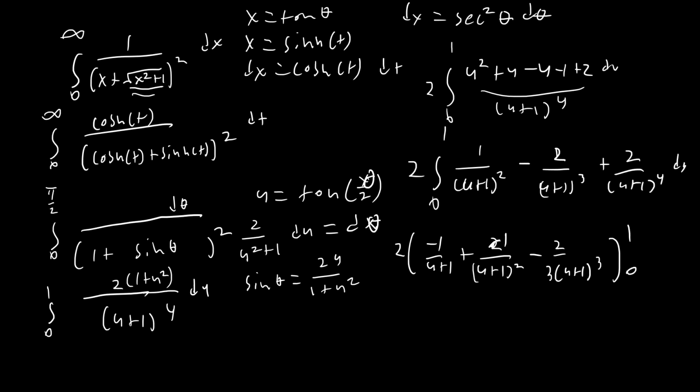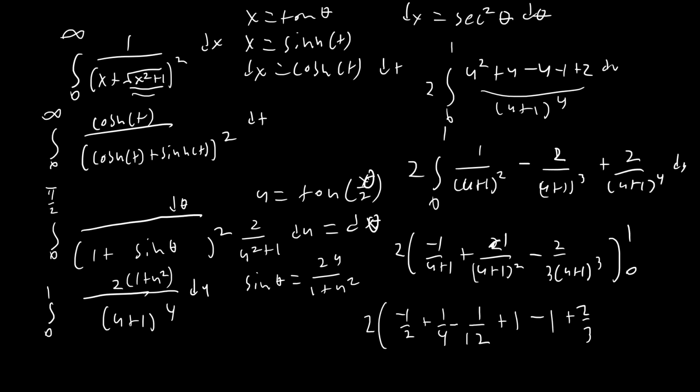So we're going to have 2 times negative 1/2 plus 1/4 minus 1 over 12 plus 1 minus 1 plus 2/3. All right, that's absolutely nasty.